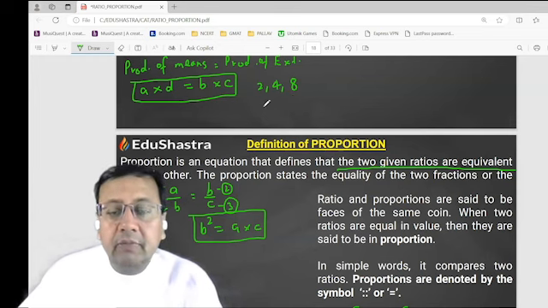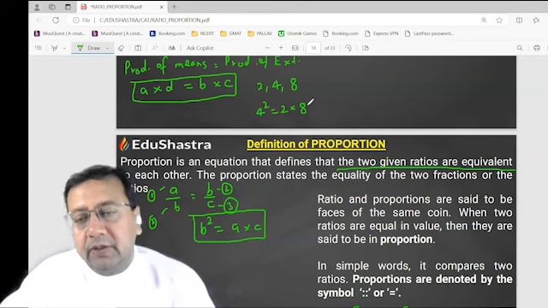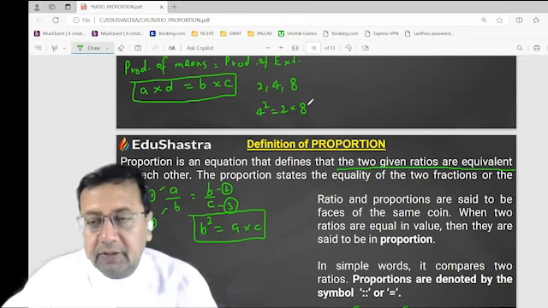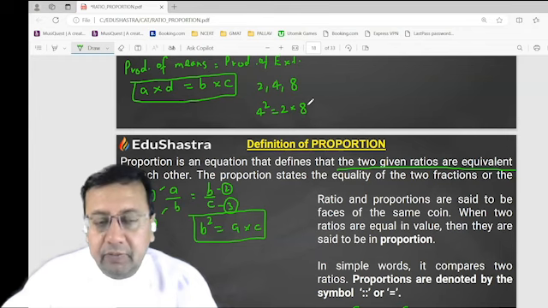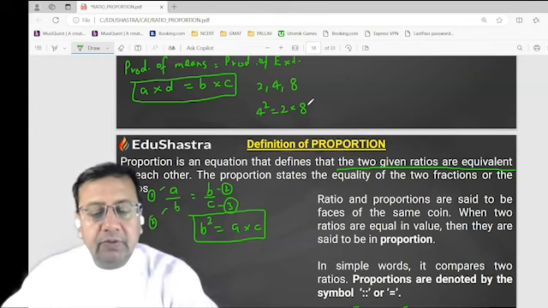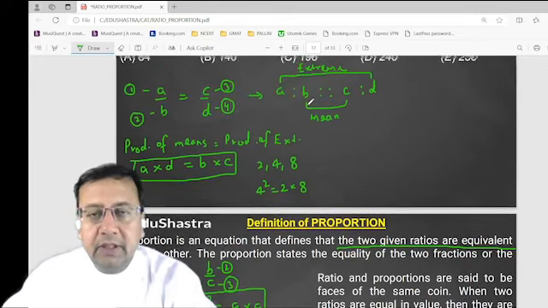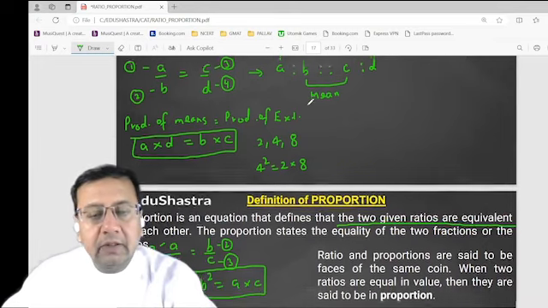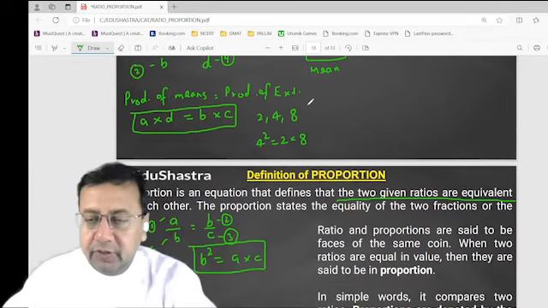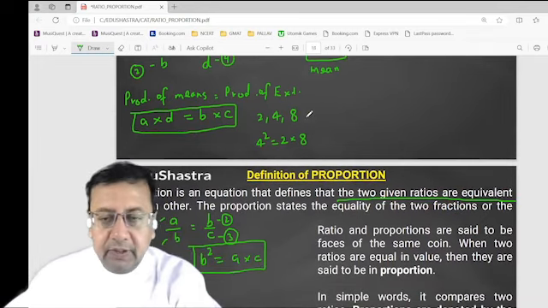So I can say the mean term, that is 4 square, is equal to 2 into 8. So if there are 3 proportions A, B, and C, then the product of means is equal to the product of extremes. So this is for the 4 terms A, B, C, D, and the bottom part is for the 3 terms.